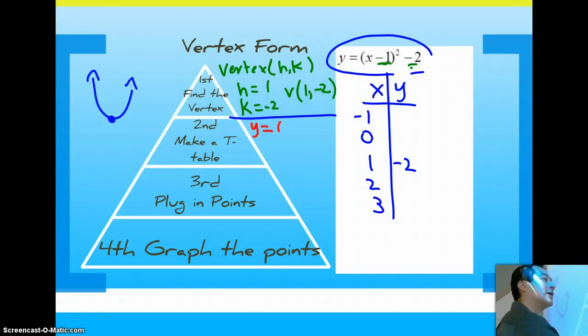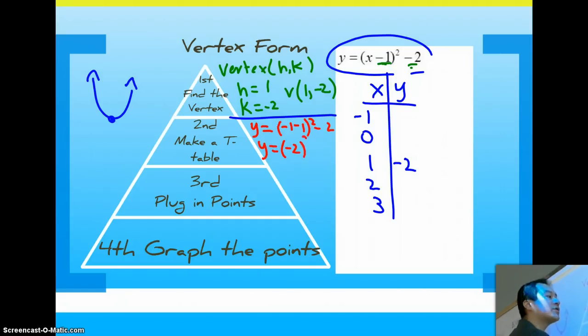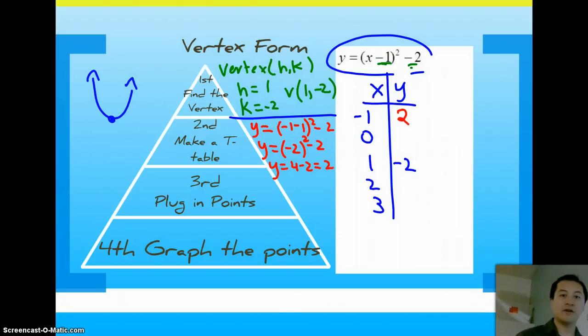Y equals x, which is -1, so (-1 - 1) squared minus 2. Y equals -2 squared minus 2. Y equals 4 minus 2, which is 2. When I plug in my -1, I have a 2. Alright, how do you guys feel?